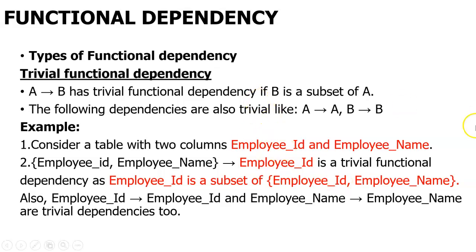For example, I have two columns, employee ID and employee name. Employee ID, employee name together gives employee ID. This is a trivial dependency. Why? Because the employee ID which I want to determine is a part of the primary key. This type of dependency is called trivial functional dependency.